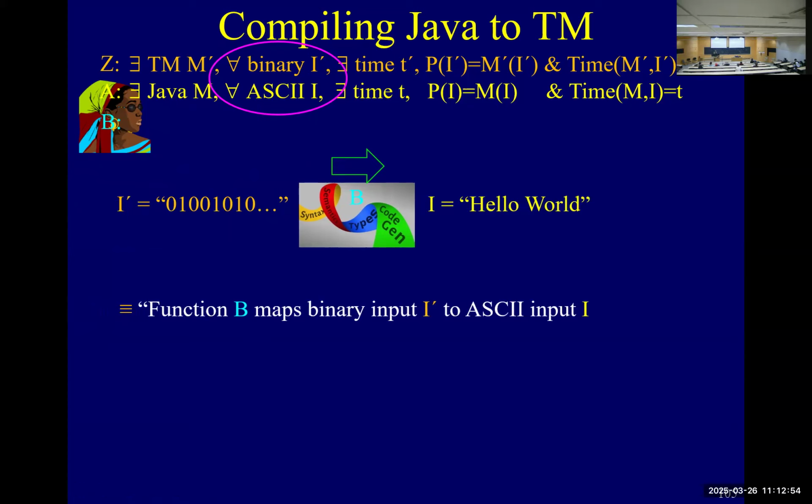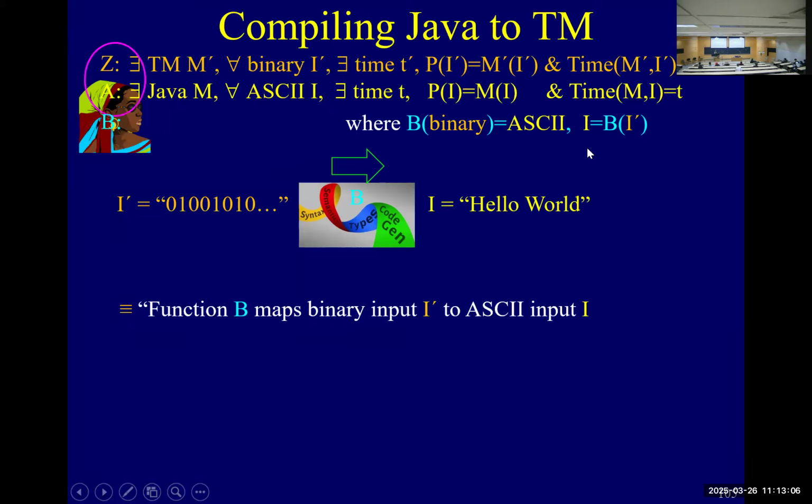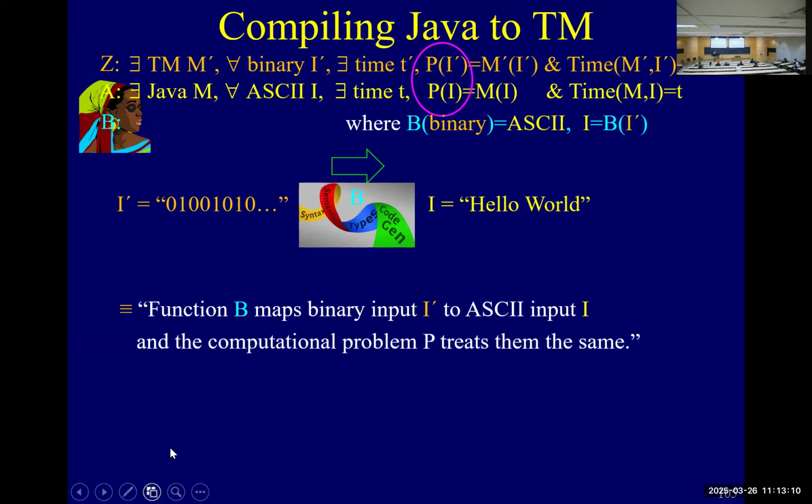We're just saying things that we know, right? So you give me a binary, it gives me an ASCII, right? What it says is P, if you give it something in binary or something in ASCII, it doesn't care, right? So here I'm saying P gives the same answer in binary and ASCII.